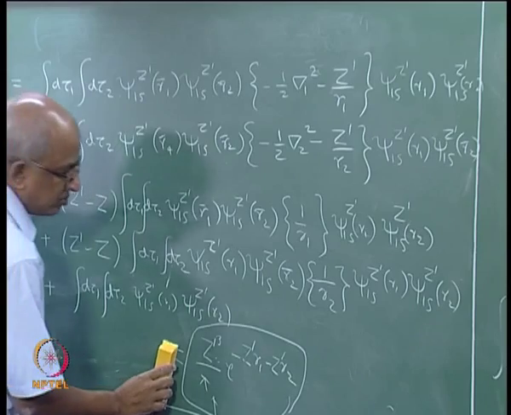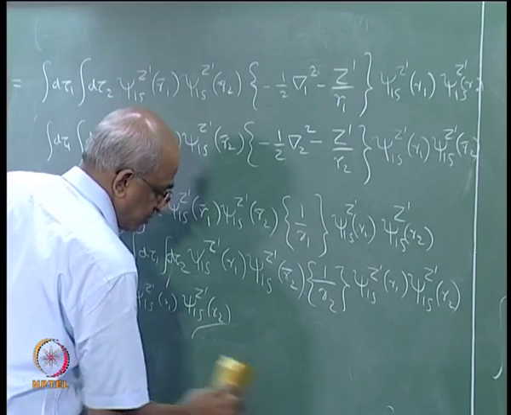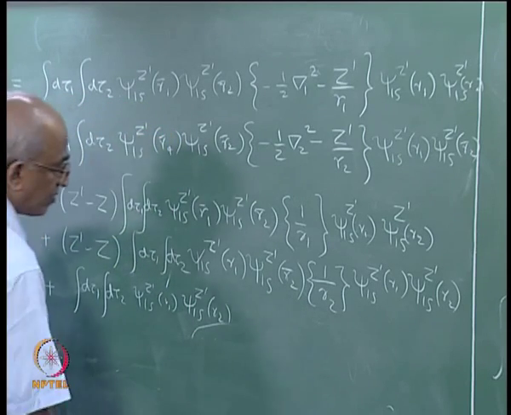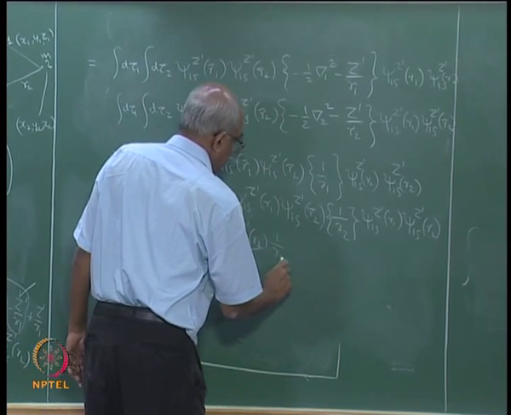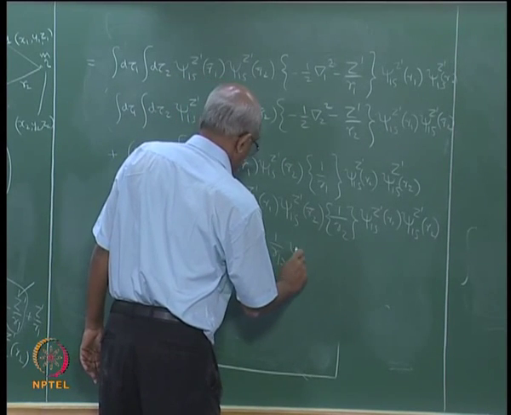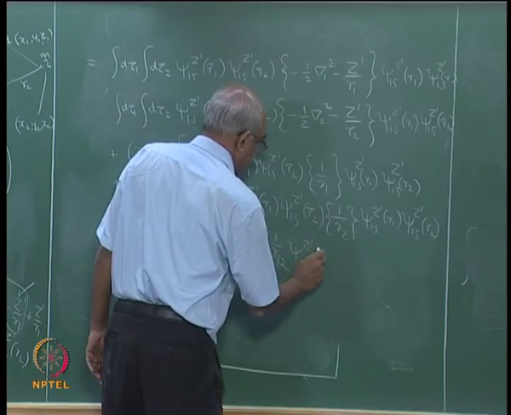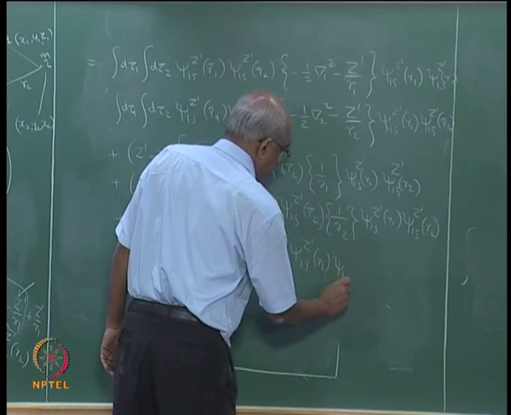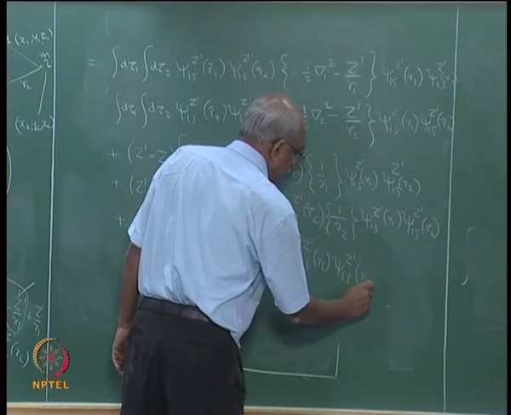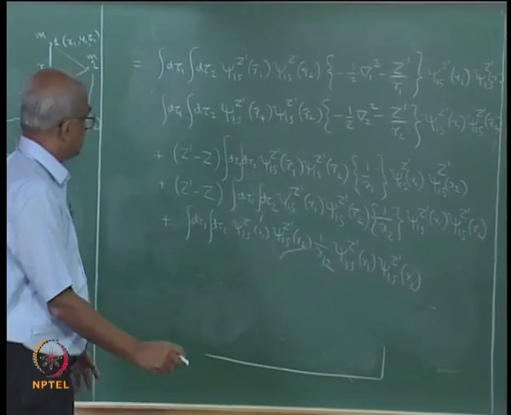Well, we may need this, but I am not going now. I am now going to remove it. 1 by r12 psi 1s Z prime r1 psi 1s Z prime r2. That is the way things are.